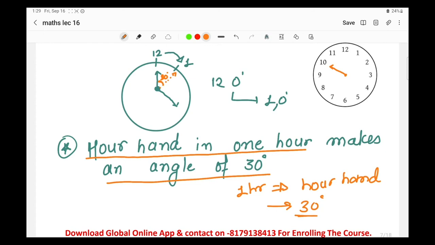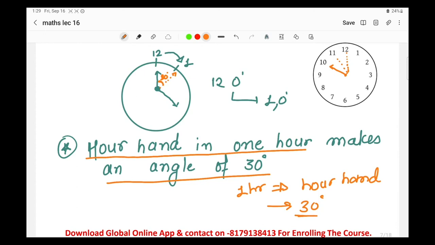From 10 to 11 it is making 30 degrees, and from 11 to 12 it is making again 30 degrees. So when the hour hand is moving from 10 o'clock to 12 o'clock, it is crossing 60 degrees.